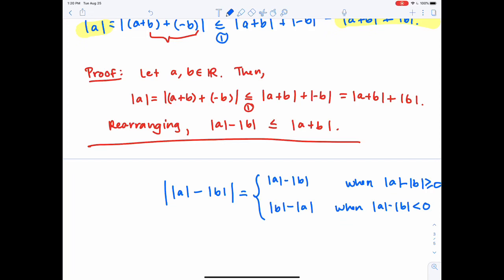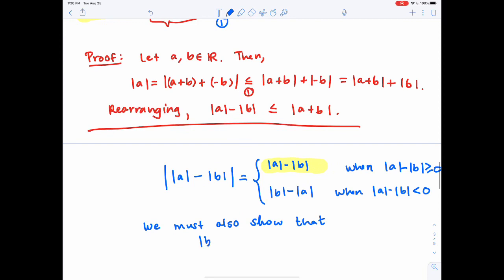Case 1, we have already done. The case when you drop the absolute values, when you just get the absolute value of A minus the absolute value of B. We now need to show that it's also true when we drop the absolute values when the expression inside is negative.